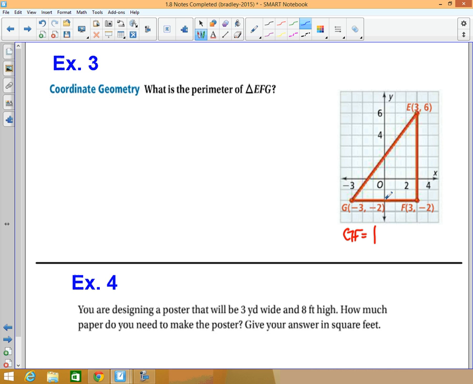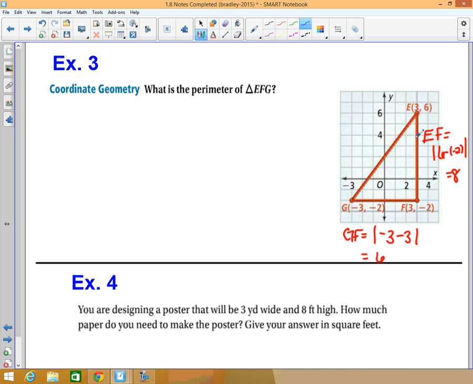We know that -2 doesn't change, so we would just say -3 minus 3 for that. And then for EF, we could say the same thing. We know that 3 doesn't change, so it would just be equal to the absolute value of 6 minus -2. Okay, and those would be fairly simple. So we'd say GF is going to be -3 minus 3 will give me -6. Absolute value is 6. And 6 plus 2, this is going to give me 8 for that.